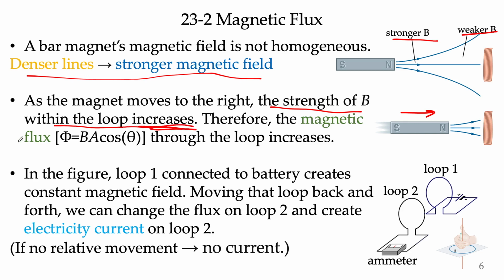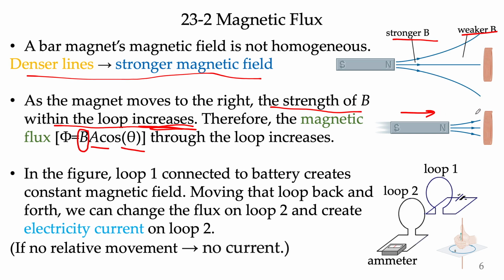Therefore the magnetic flux through the loop increases. The angle is constant, the area is constant, but the magnetic field strength is increasing. So the flux increases if this bar magnet is moving to the right.